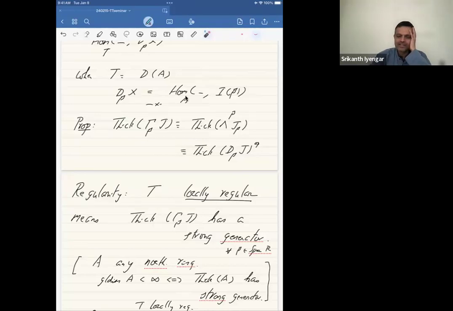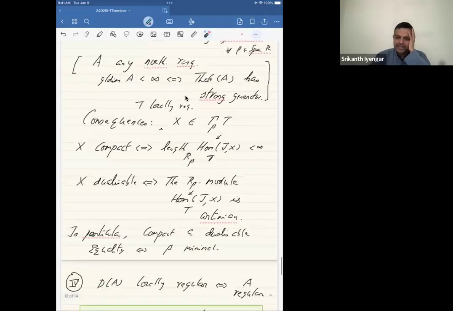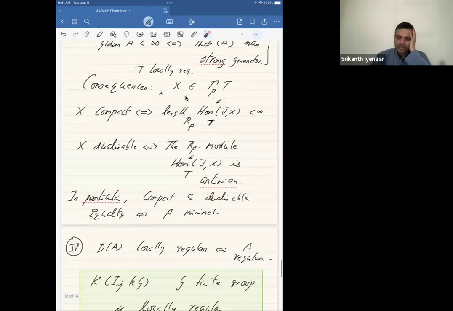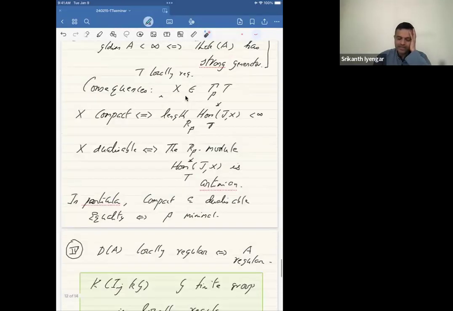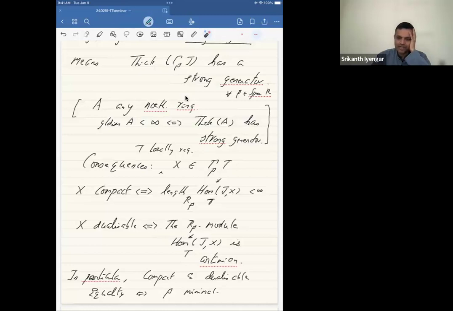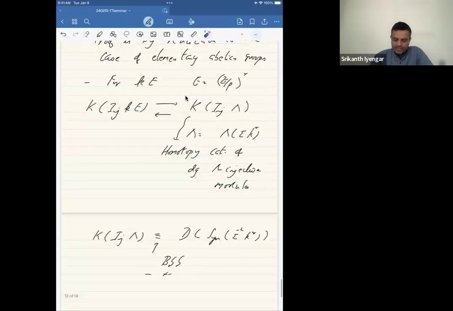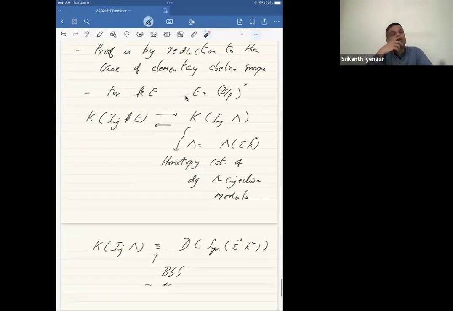Another question that comes up is, I've introduced this regularity, and I was trying to push the point that it's something like the regularity for a commutative ring. But I don't know, knowing just that the TT category is locally regular in this sense, how far it is from stratification, for instance. How far is it from making the P-local P-torsion category minimal? I don't know whether it implies stratification.